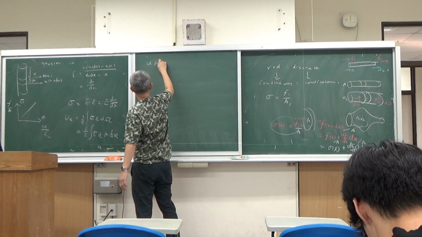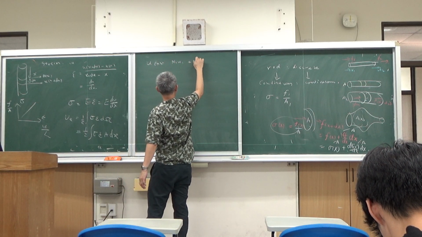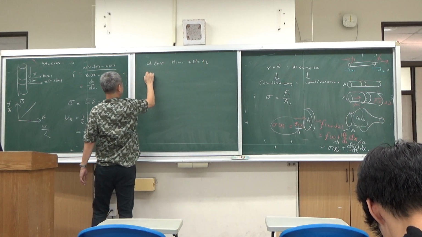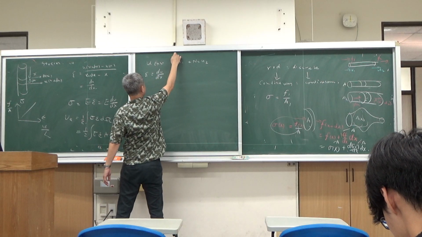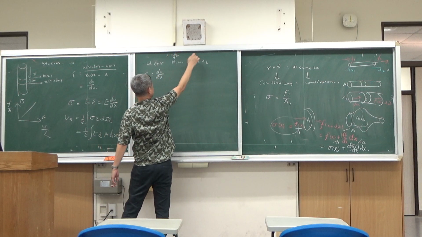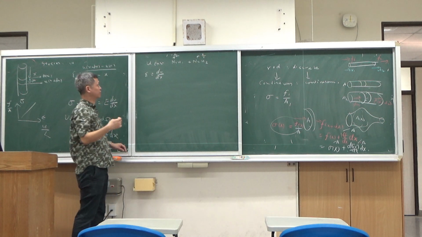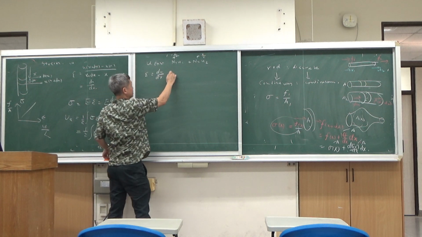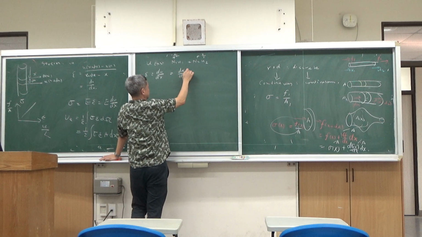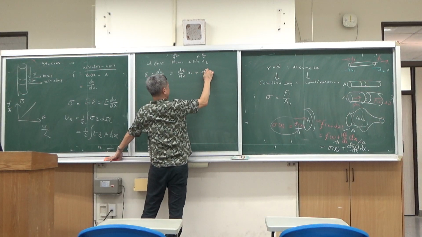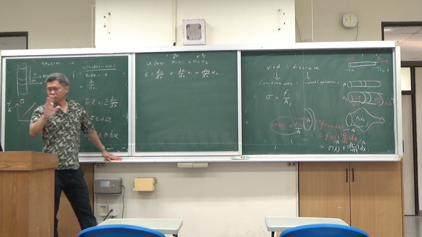Displacement at any point is N1 u1 plus N2 u2, and then the strain is du/dx. Remember, N1 is 1 minus x over L, N2 is x over L. I can do differentiation of them with respect to x. So this is dN1/dx u1 plus dN2/dx u2.